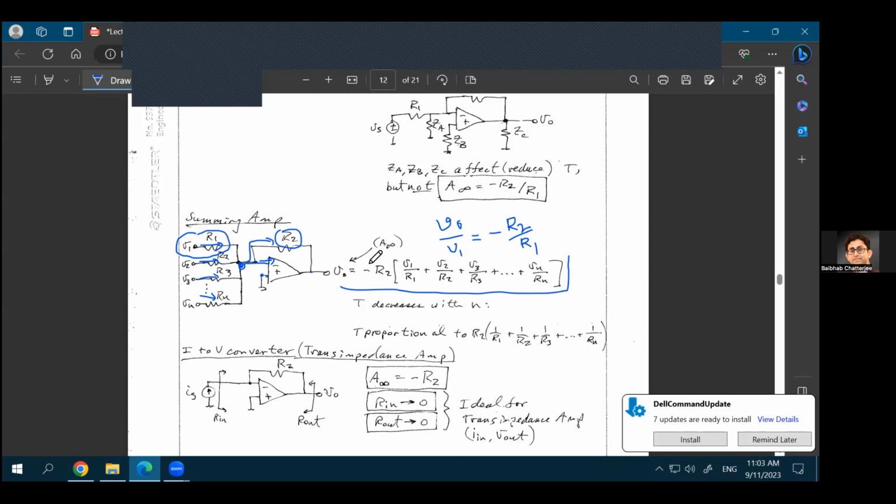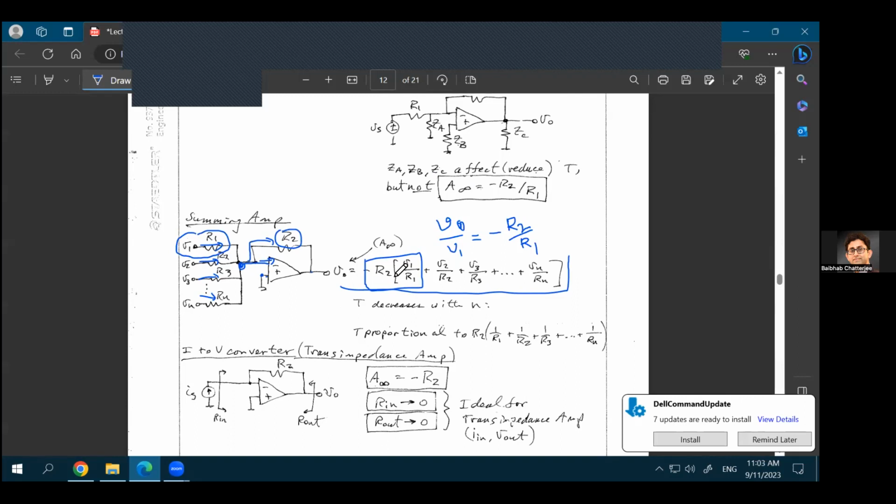The first term is still the same as what you had earlier: V0 equals minus R2 over R1 times V1. But you have a summation of the other terms as well, because you're connecting all these voltages and resistances at the input side, so they will all get summed up using KCL.